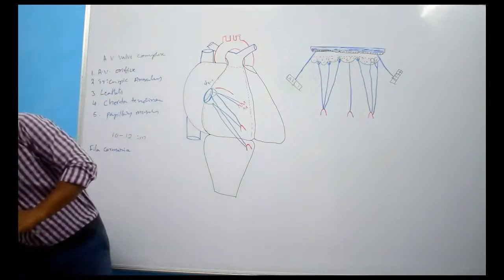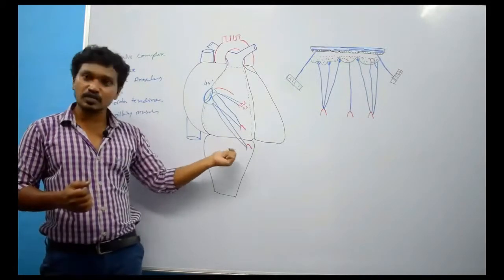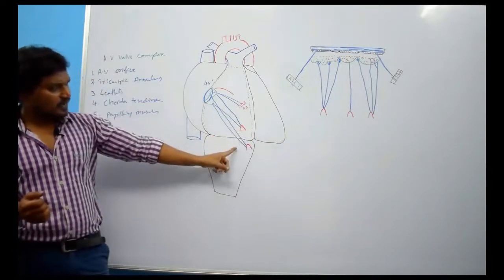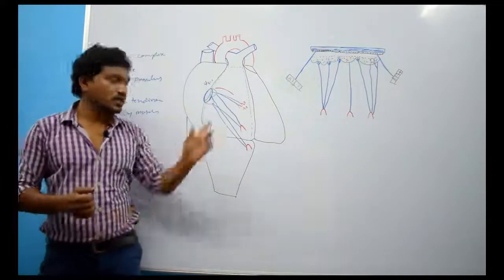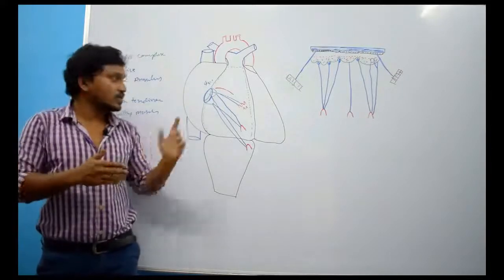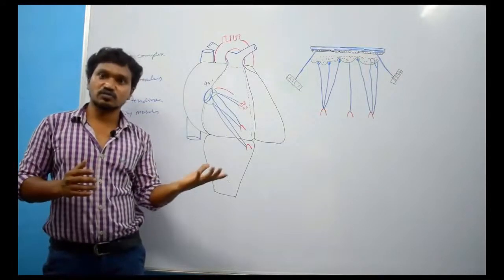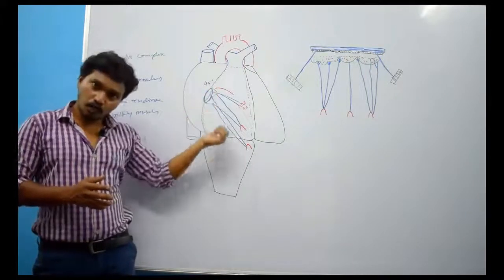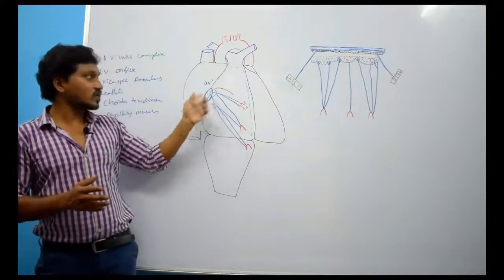See, during systole there will be contraction of these ventricular muscles and also papillary muscles, so that these chordae tendineae will push the leaflets up, so that these leaflets will tightly oppose one another, so that this valve will be closed. And during diastole, these muscles will be relaxed, so that these leaflets will be pulled down by the chordae tendineae, so that this orifice will be open.